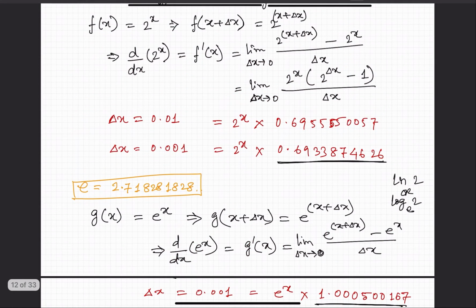So we can see for this function, as del x approaches 0, this value approaches ln 2 or log 2 base e.